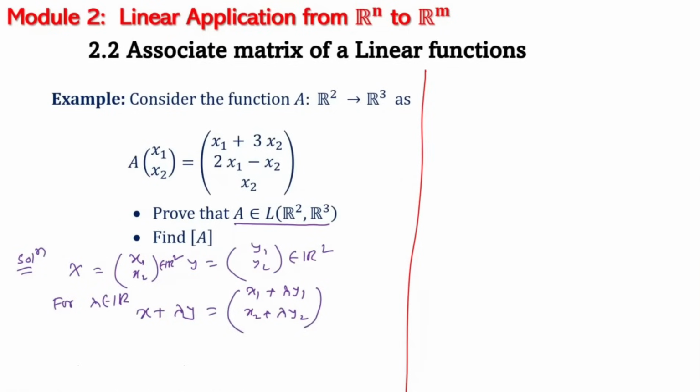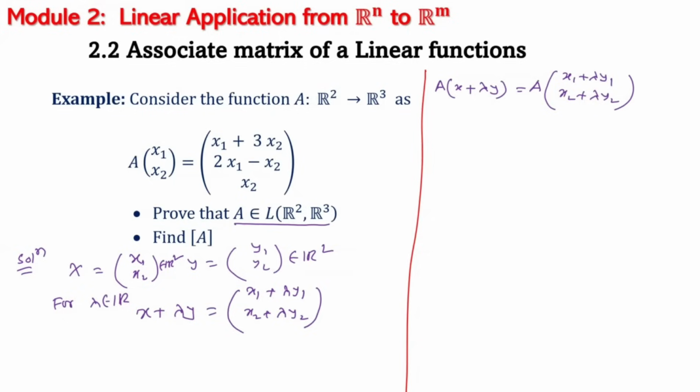Now we apply the function on this, so we get A(x plus lambda y), which equals A(x1 plus lambda y1, x2 plus lambda y2).